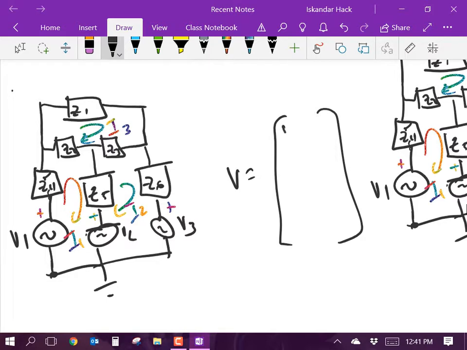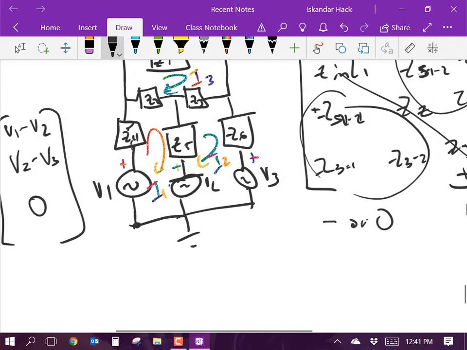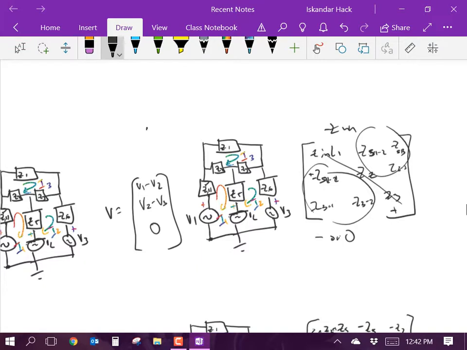So this becomes V1 minus V2. When I go around loop 2, I come out the positive of V2 and out the negative of V3. So this becomes V2 minus V3. And as I go around loop 3, there are no voltage sources. So now I've got my V vector and my Z matrix.